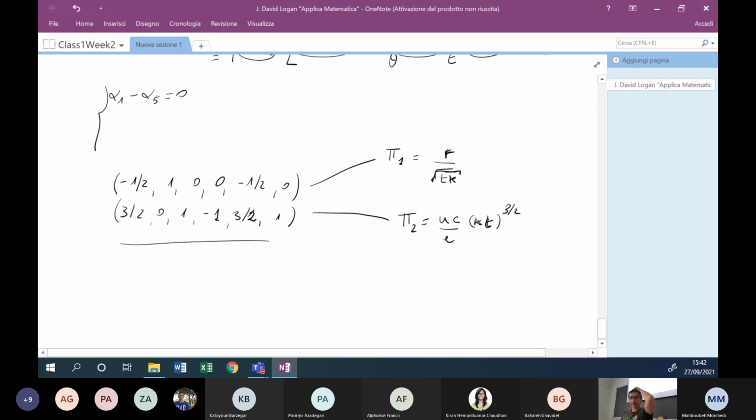Now, as I hope that you are convinced, the Pi theorem tells me that f of T, R, E, U, K, and C equal to 0, which would probably be quite boring to solve, is equivalent to some f of pi 1 and pi 2 equal to 0.